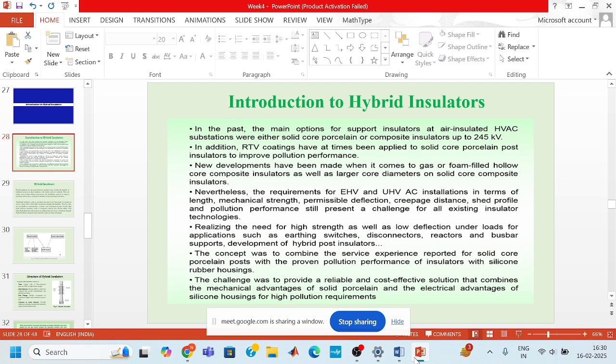So the concept was to combine the service experience reported for solid core porcelain post with the proven pollution performance of insulators with silicone rubber housing. The main challenge was to provide a reliable and cost-effective solution that combines the mechanical advantage of solid porcelain and the electrical advantages of silicone housing for high pollution requirements. That's why we need hybrid insulators.